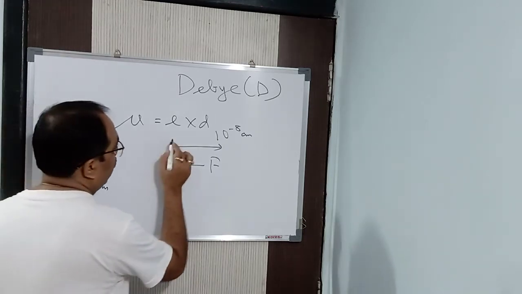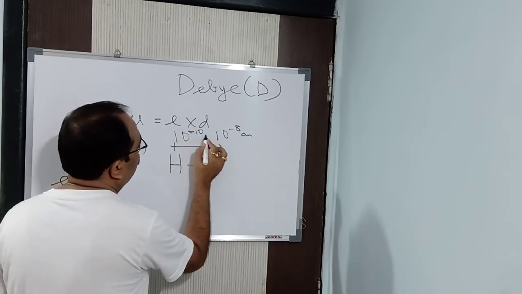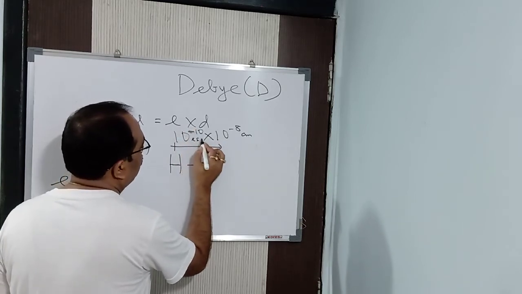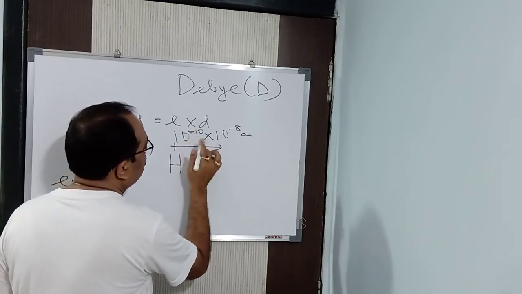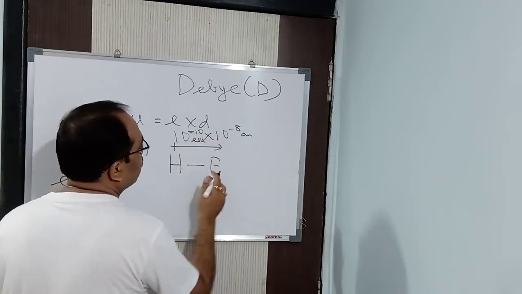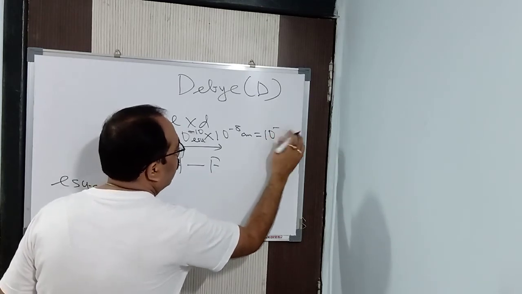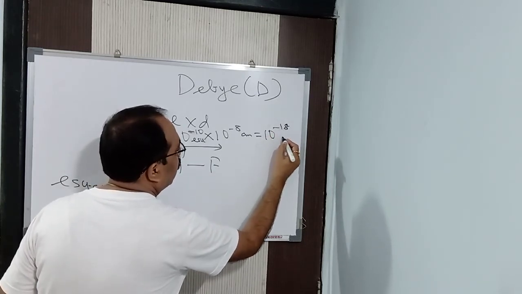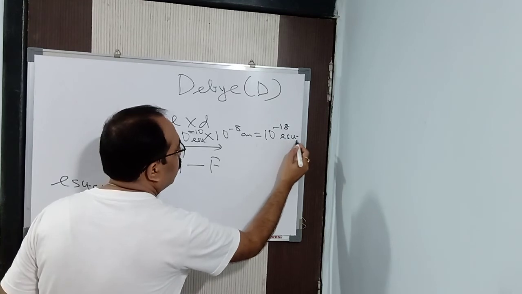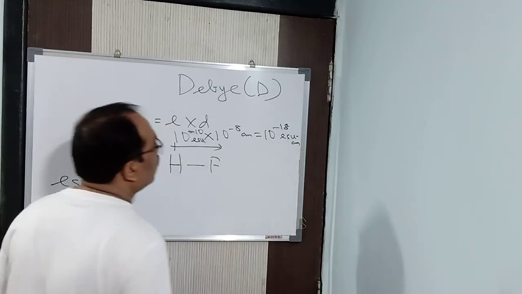So multiplying, you get 10 to the power minus 18 ESU centimeter.